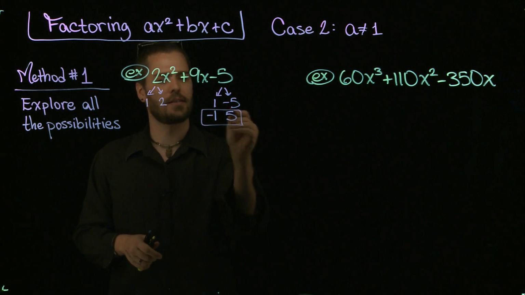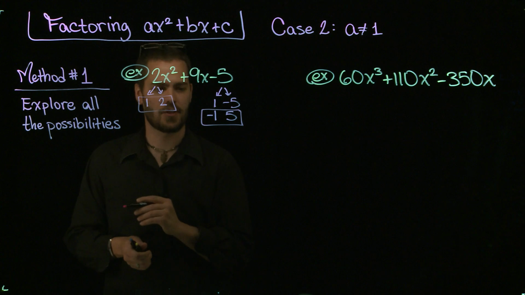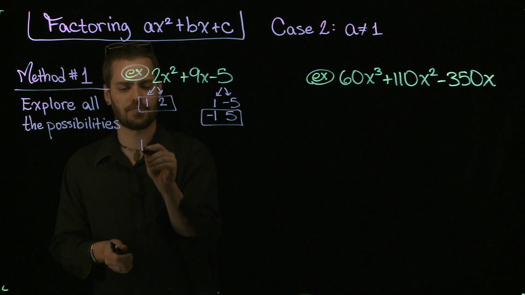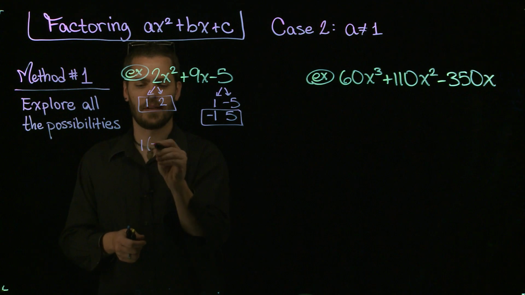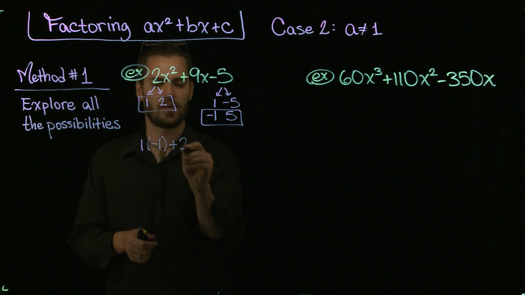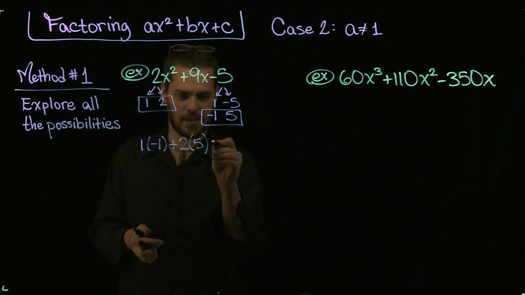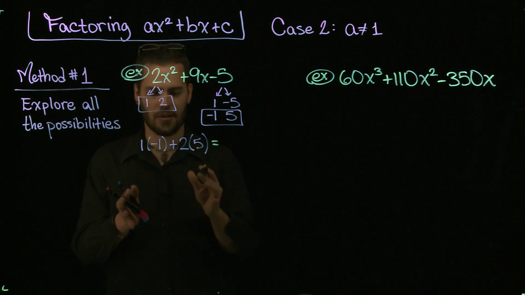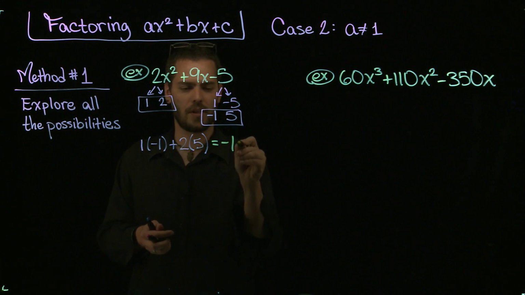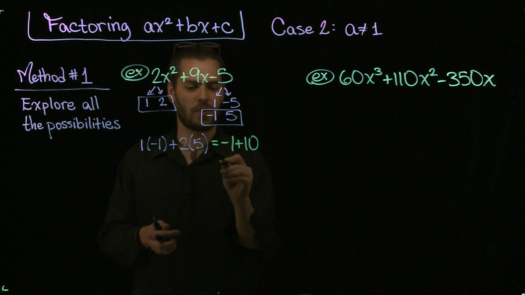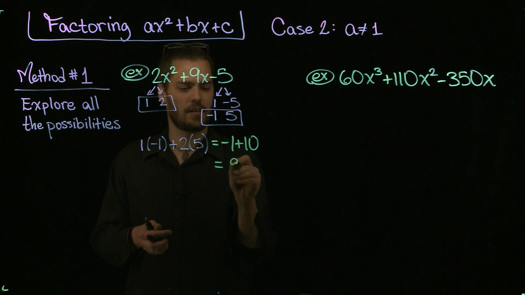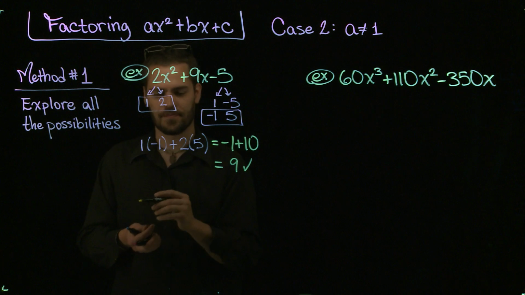So I need these two sets of numbers in this order. 1 times -1 plus 2 times 5, and I should double check that just to make sure I've been accurate. This gives me -1 plus 10, which is indeed 9, so I found what I'm looking for.